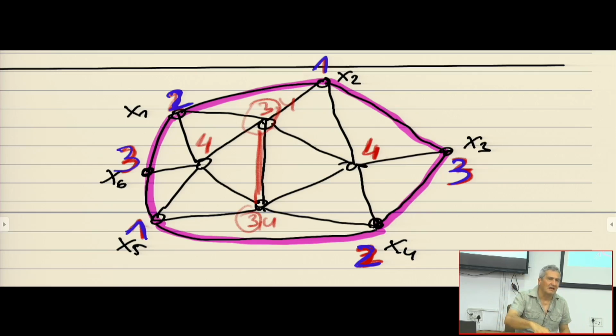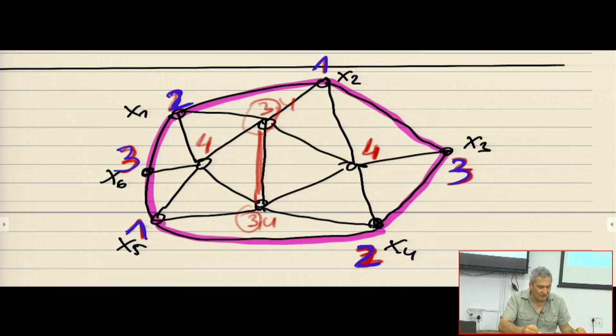What is the procedure? I'm going to take out the diamond, color the rest by induction, and then extend the coloring to the diamond. And imagine when I take out the diamond, I color the ring in this way: 1, 2, 3, 1, 2, 3.